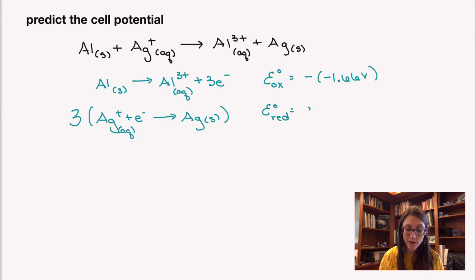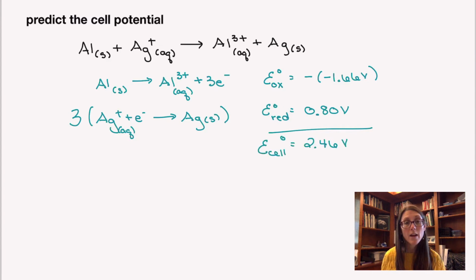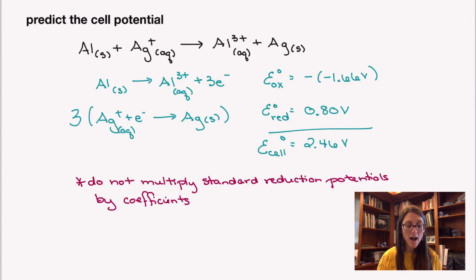You just use the value off the table of 0.80 volts, and you add this up to find that your cell potential is a positive 2.46 volts. I repeat, you do not multiply standard reduction potentials by coefficients when you are manipulating equations. You will change the sign if you flip the equation, but don't multiply by any coefficients. It is an intensive property, and so that ratio remains the same.